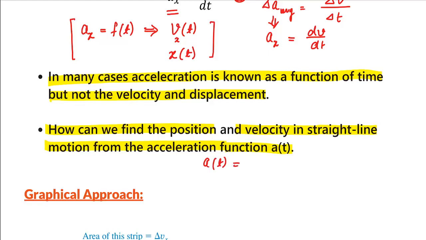For example, it can be a linear function a plus bt, or a quadratic function, depending upon the problem. So if I know this function, how do we calculate velocity and displacement as functions of time? This is the problem that we have to solve.